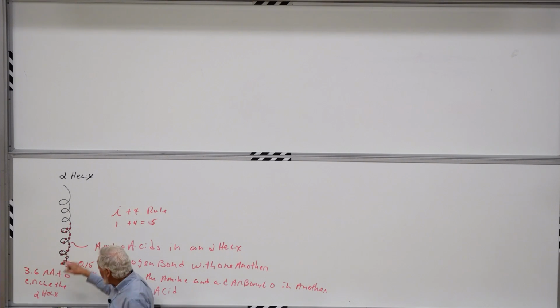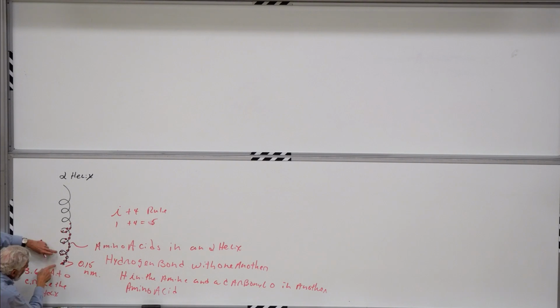But remember then that each of these amino acids is binding by hydrogen bonding to this I+4 arrangement. And that hydrogen bonding now throws this molecule into this spiral. And each amino acid moves by 0.15 nanometers, and it takes 3.6 to go the circuit.